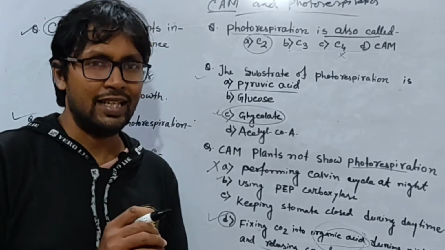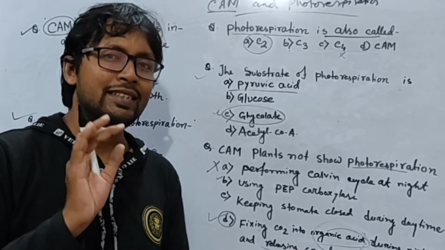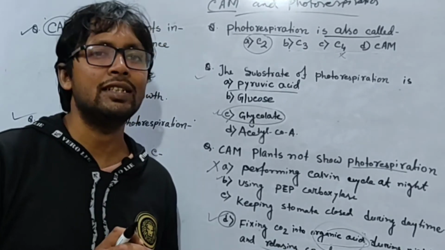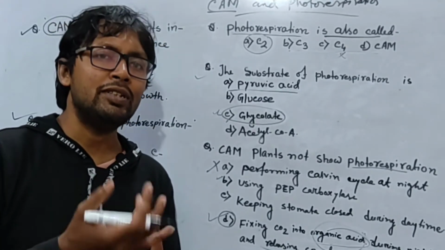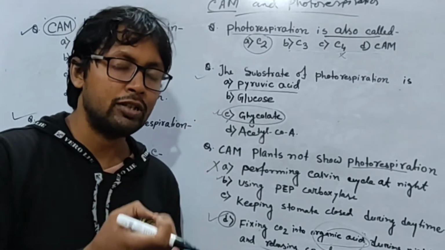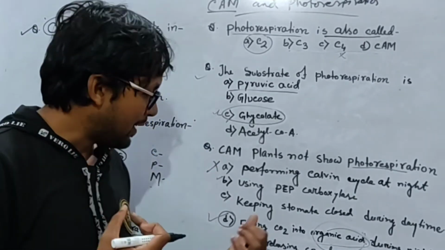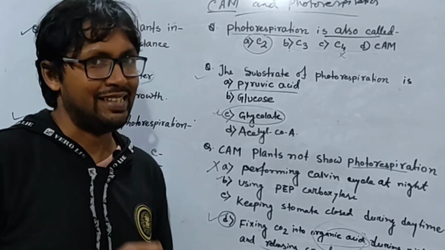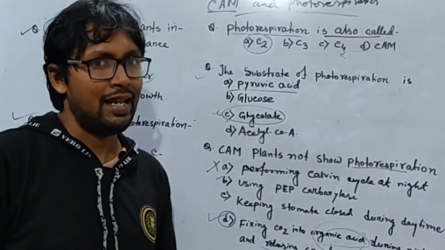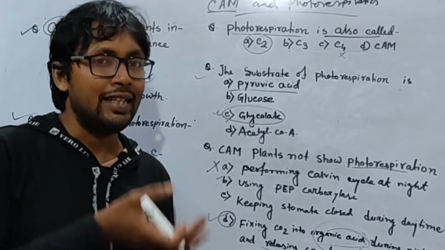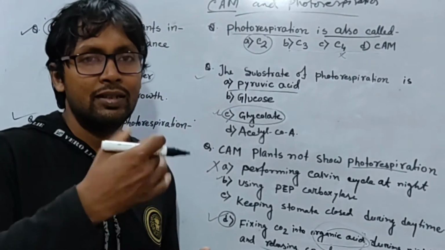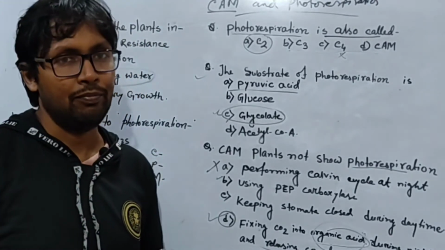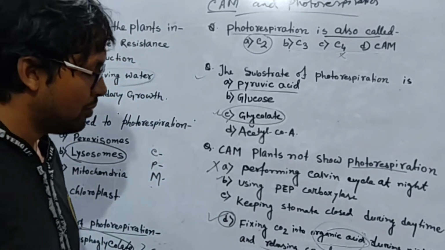Normally the Calvin cycle is affected by oxygen, but in this case oxygen is absent, because during the night time they absorb carbon dioxide by PEP carboxylase and convert it into organic acids, and during the daytime they use this organic acid and release the carbon dioxide, and the Calvin cycle runs.